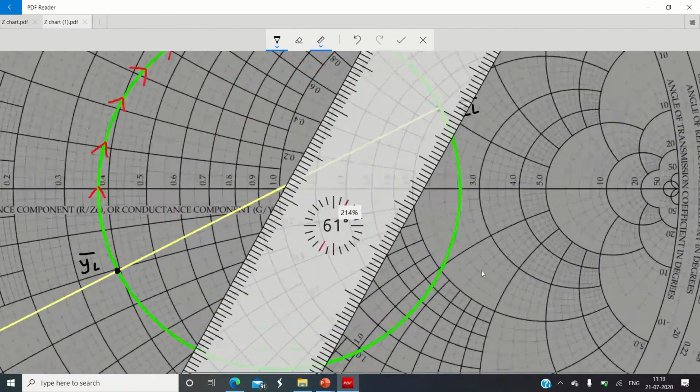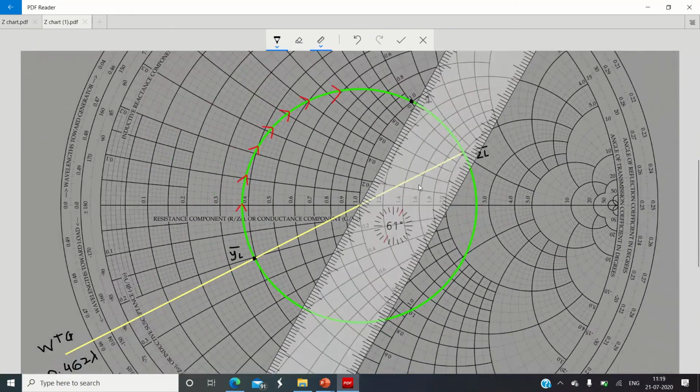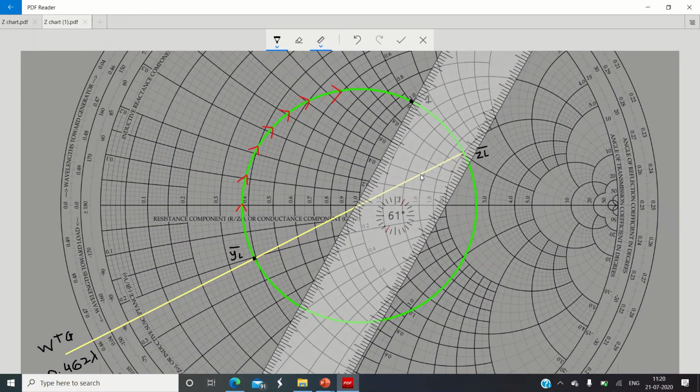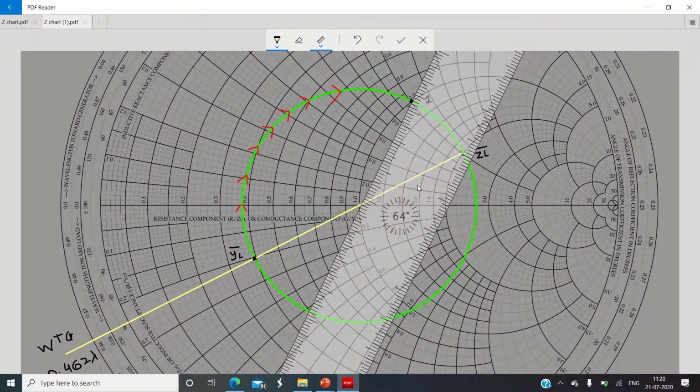I will zoom in a little bit. Point number 1 and the center of the Smith chart need to be exactly connected.